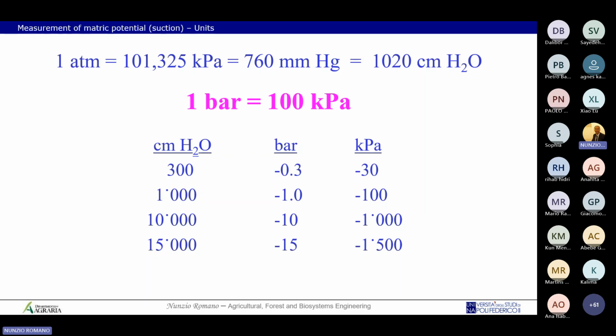Of course, I would be very happy, but we have to dedicate at least 1 hour or 1 hour and a half, because there are 3 or 4 questions on field capacity. It's impossible otherwise. But if you send an email to me and Paolo, I'm sure we will be very happy to discuss with all of you.